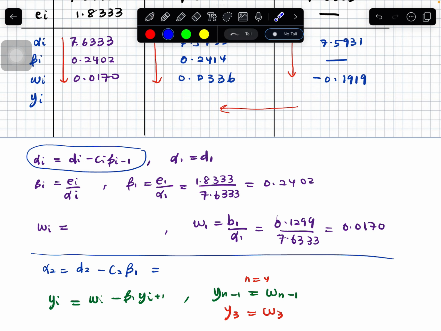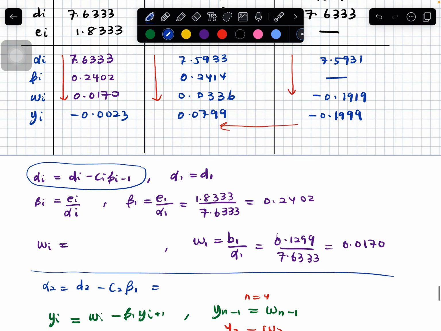So this value equal to the previous w value. So this is exactly the same. And then you need to find y2 by using this. The answer is this one. And then you find y1 by using this, by taking i equal to 1.